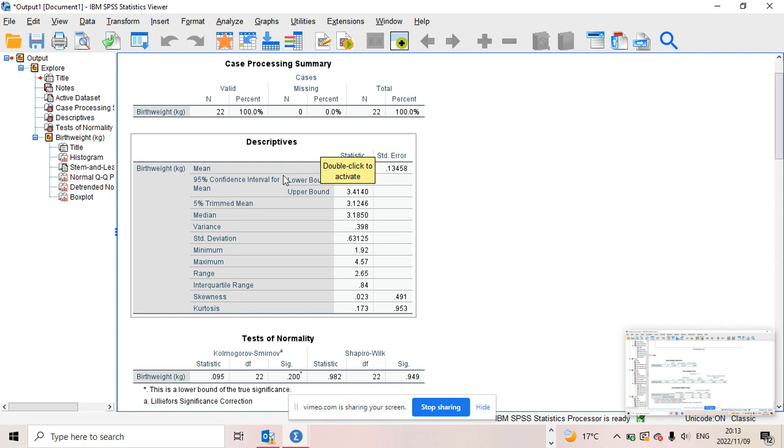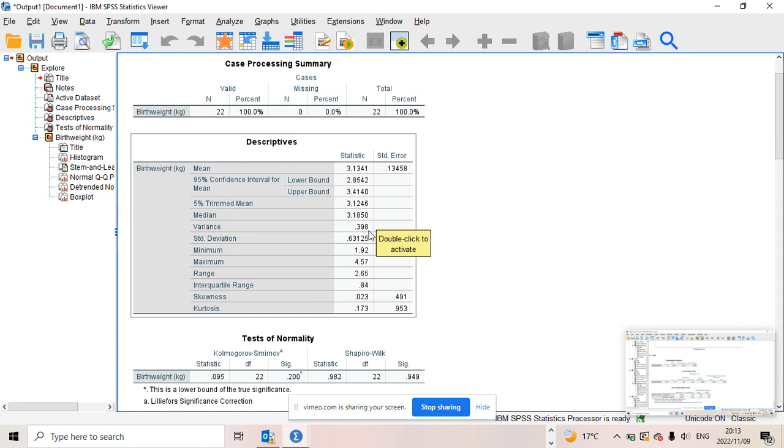Now, let's look at the descriptive statistics. Here we've got the mean, which is 3.1341. Then you have the median, 3.1850. As you could see here, the mean is not so far away from the median. That means the mean and the median are more or less the same.